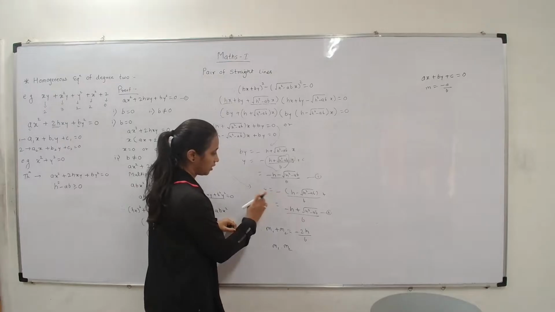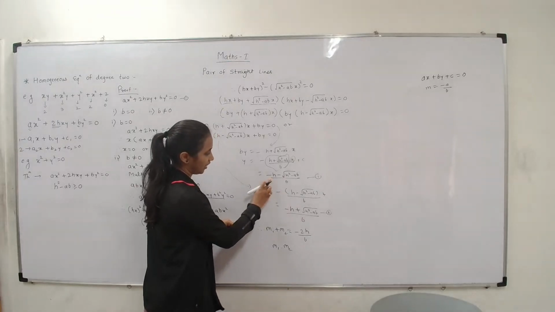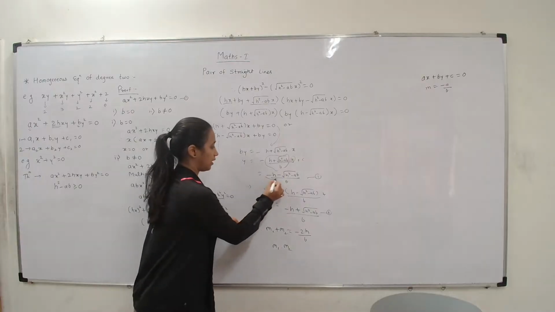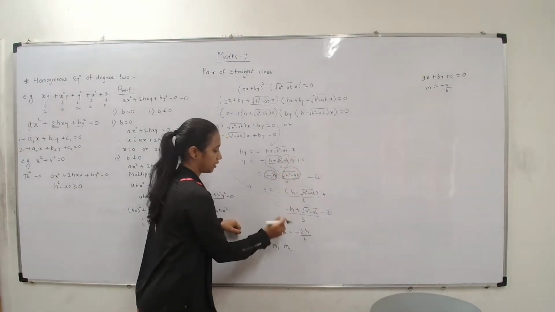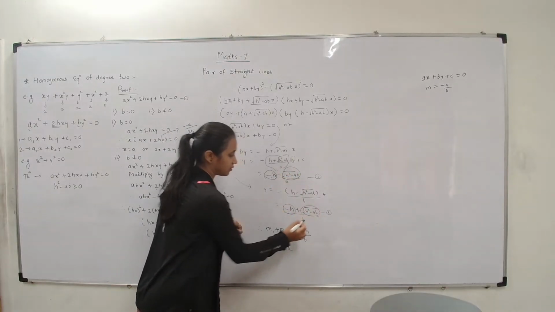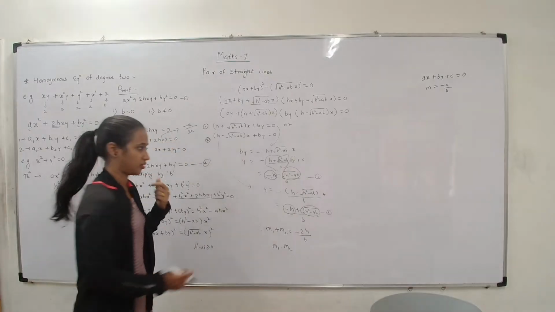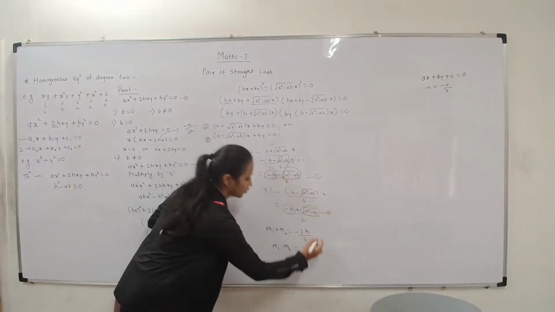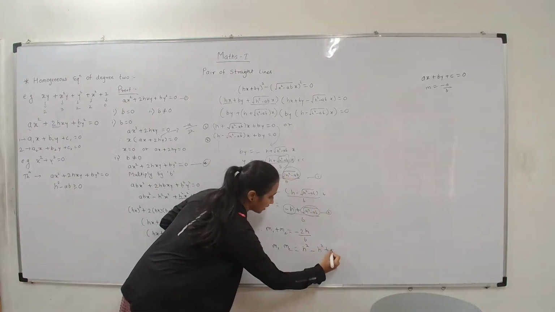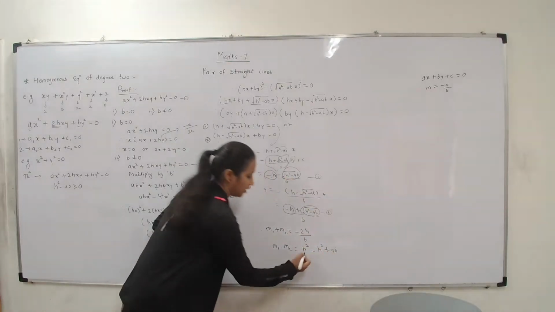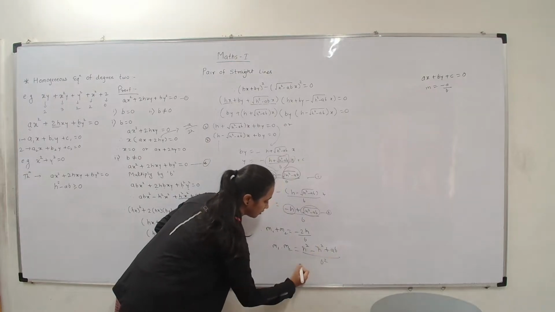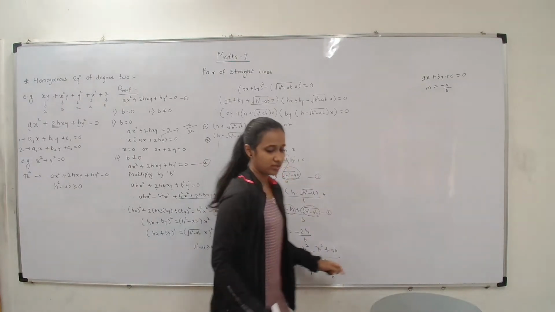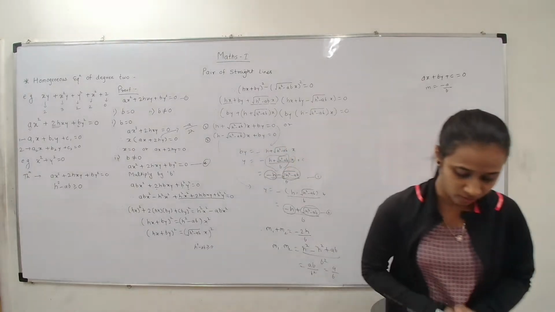Let's always add as a minus b, a plus b, a minus b a plus b direct, है ना, a square minus b square, a square is minus b square is h square plus ab, right, upon b square, so ab upon b square is a upon b. So this is your product of slope of the lines.